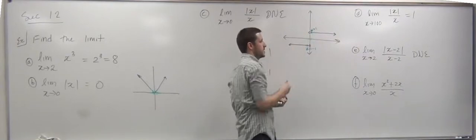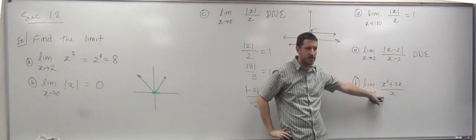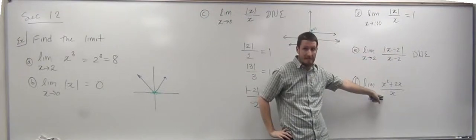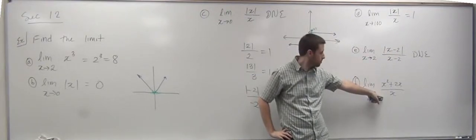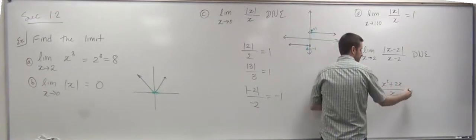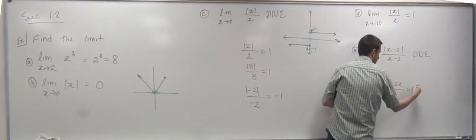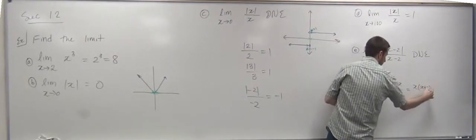For a similar reason as up here. What's this limit, since I wrote it up here? x plus 2. You can simplify this, right? If you factor out an x, you're left with x plus 2 on the top.